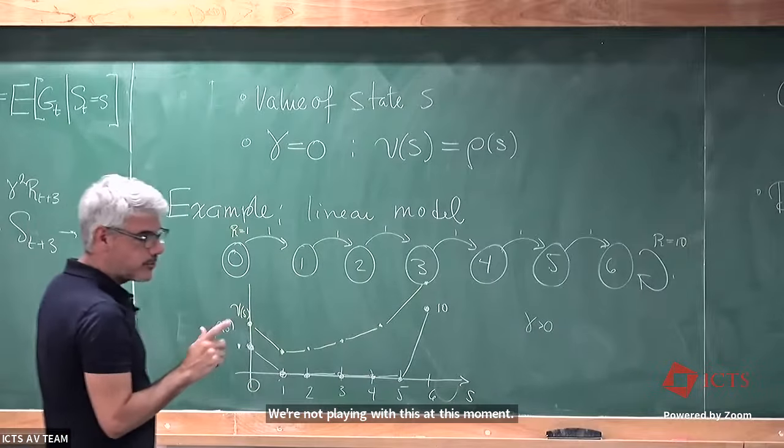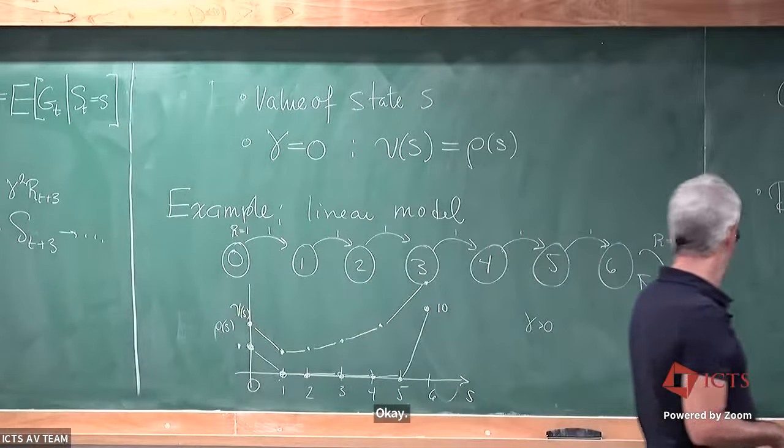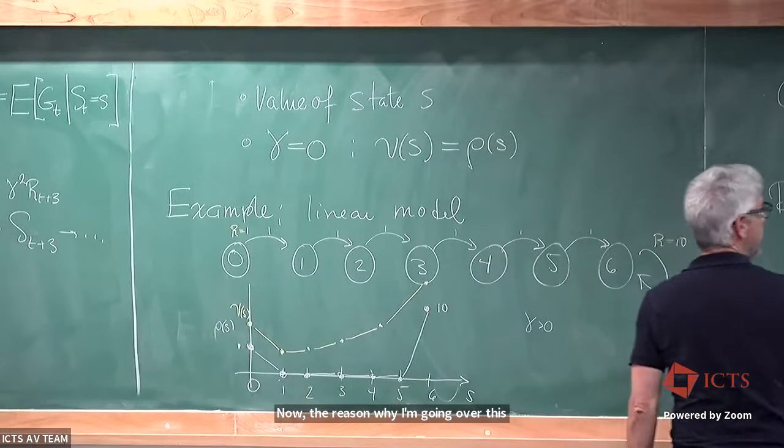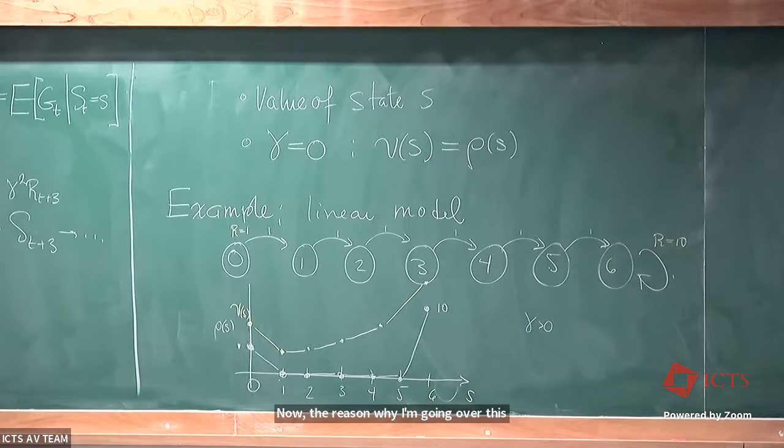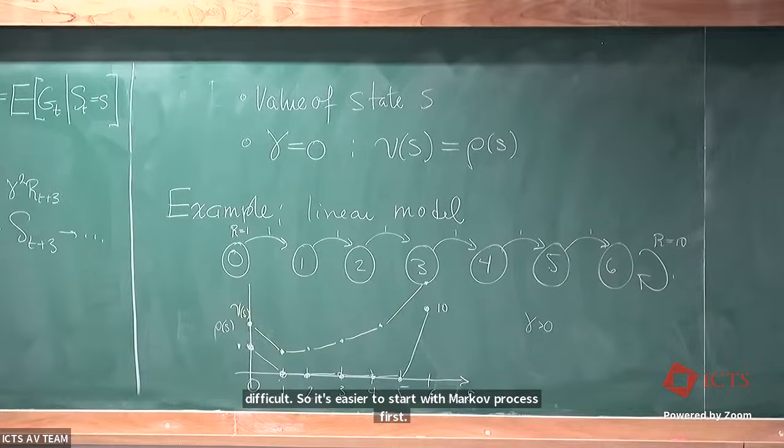Now, the reason why I'm going over this chapter is for teaching. I could have started with Markov decision process directly, but in my experience, it just makes the learning more difficult. So it's easier to start with Markov process first. We understand that part. Then we put the reward. Then we understand that part.